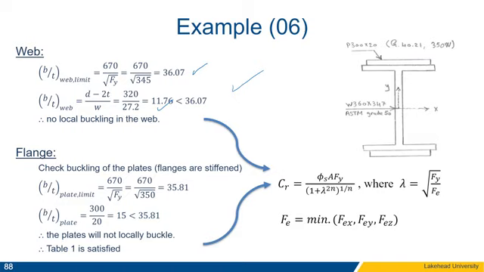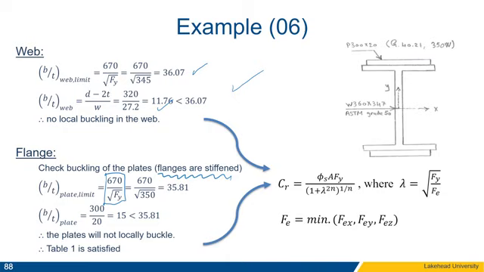Now we need to check the flange, and I already gave you a note that flanges are stiffened by the plates, so we need to check the limit for the plates, not for the flanges. Remember that the limit for the flanges was 200 divided by the square root of Fy. But now, since we are checking for the plates, the limit for the plate is actually 670 divided by the square root of Fy.